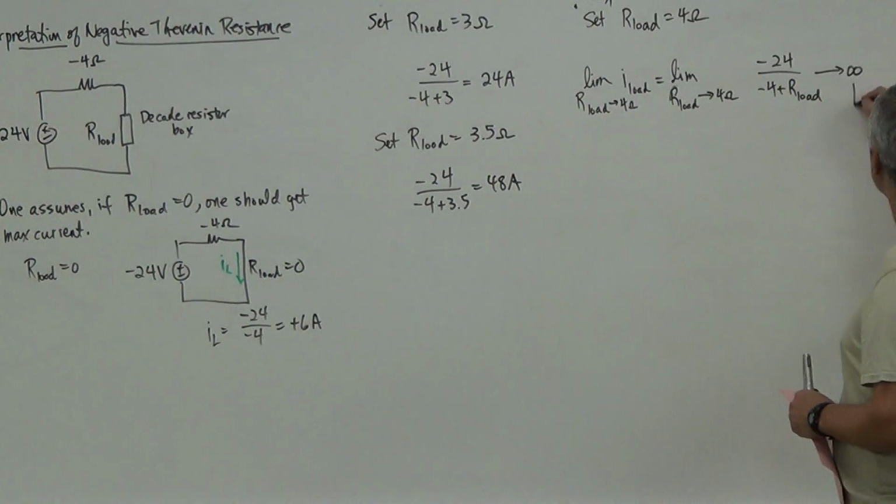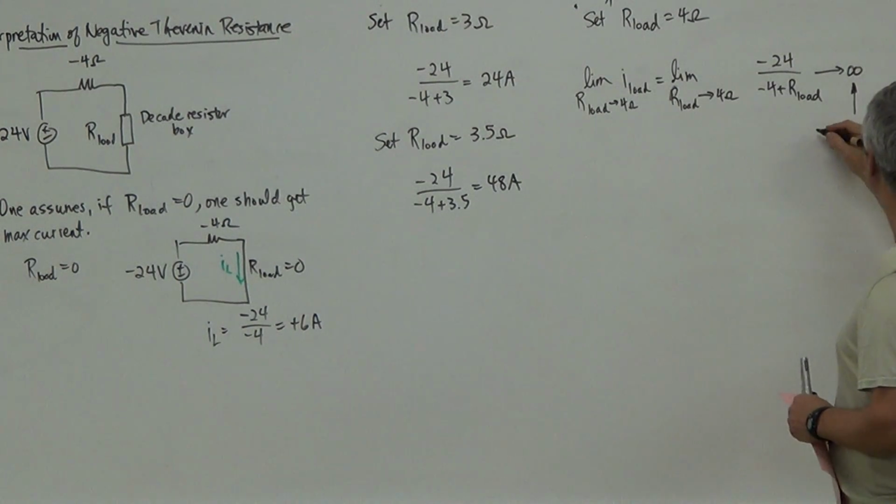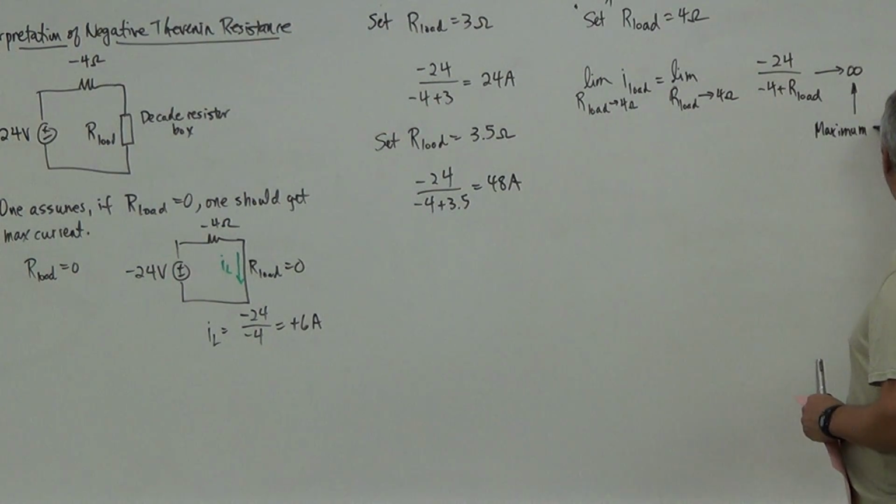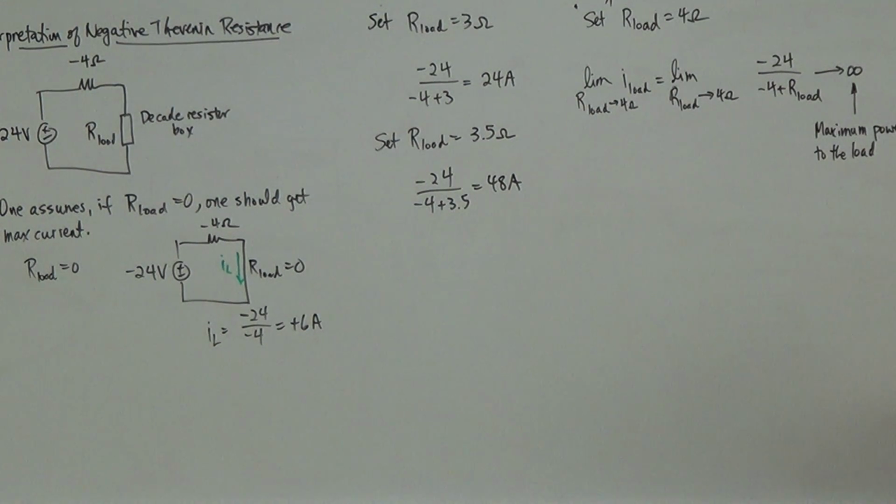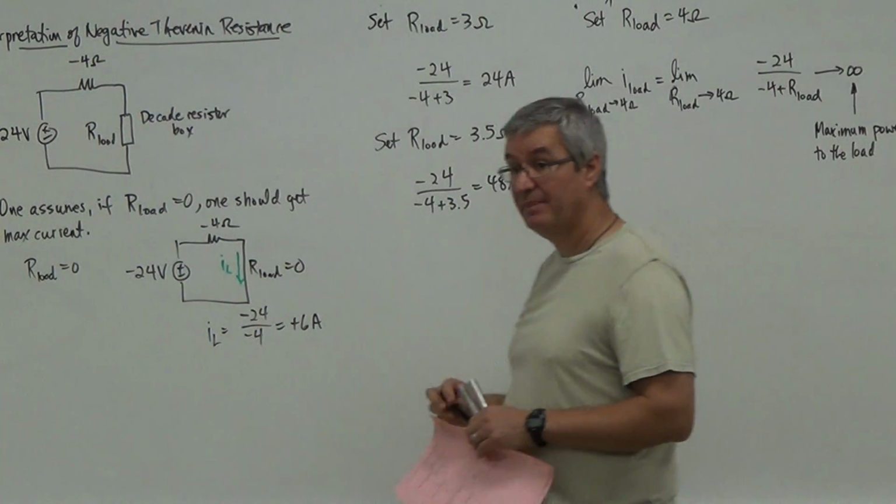So in essence, if you could do this, you get maximum power to the load. Right? That would be maximum. But note, there's no such thing as infinity. Right? It's a concept.